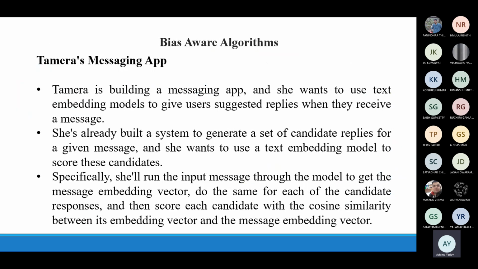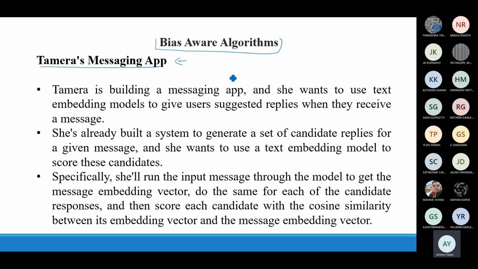So this was one of the examples. Now let's say Tamira is planning to build a messaging app. She wants to be fully aware whether the particular app she is developing has bias or not.